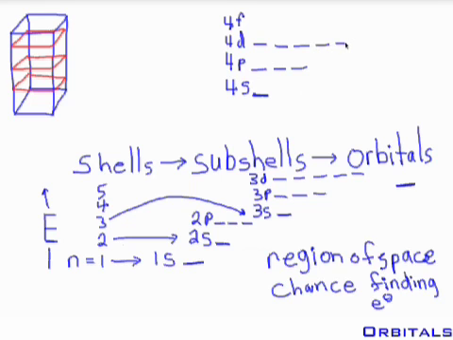And the F can be subdivided into 7 orbitals. Now you should begin to see the pattern if you look carefully enough. What have we done here? We started with 1, 3, 5, 7. We're increasing by 2 every time.